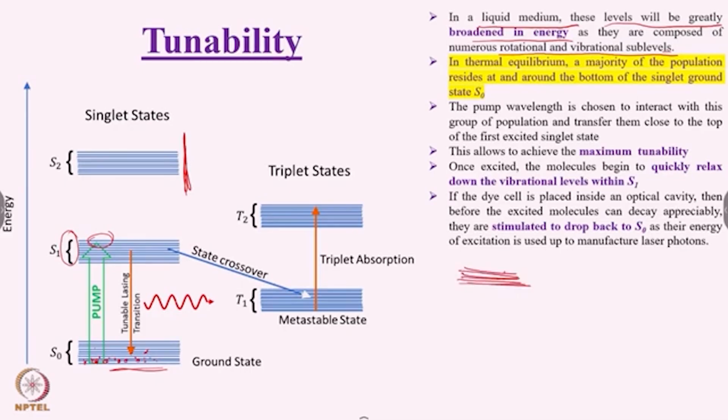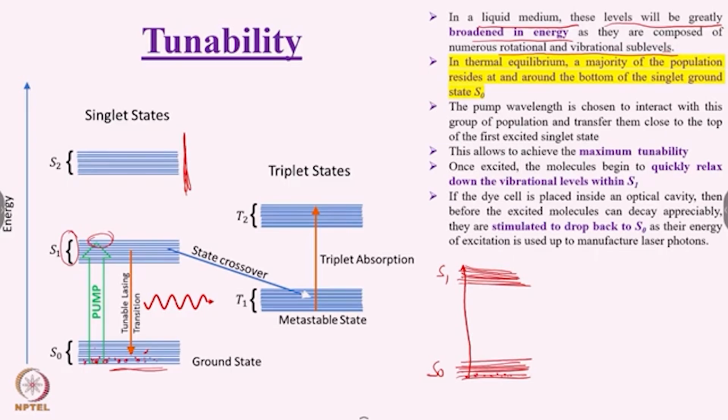So, this is the first excited singlet state, S1, and this is the ground singlet state, S0. The molecules in the beginning are all residing at the bottom of this state. Now, as we have pumped, they have started relaxing down the vibrational levels in this excited singlet state, S1.